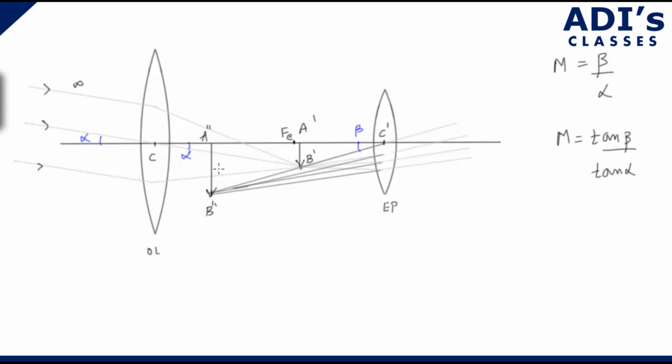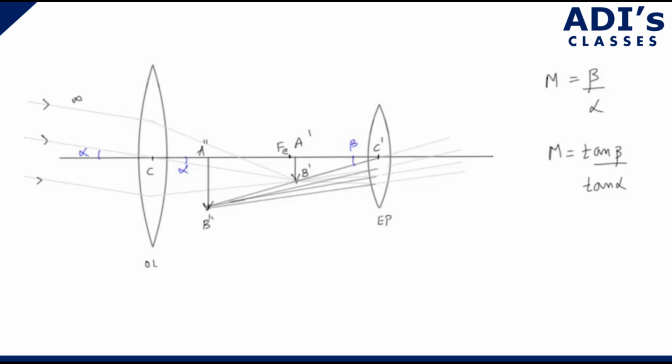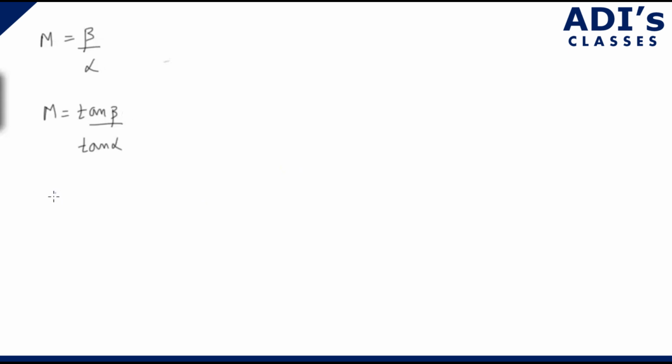Now again we have to take the tan. So what we'll consider is, here we have alpha, so we take triangle C A dash B dash. Okay, so let's try to do that particular derivation. In triangle C A dash B dash, as you can see, tan alpha becomes A dash B dash divided by C A dash, correct?